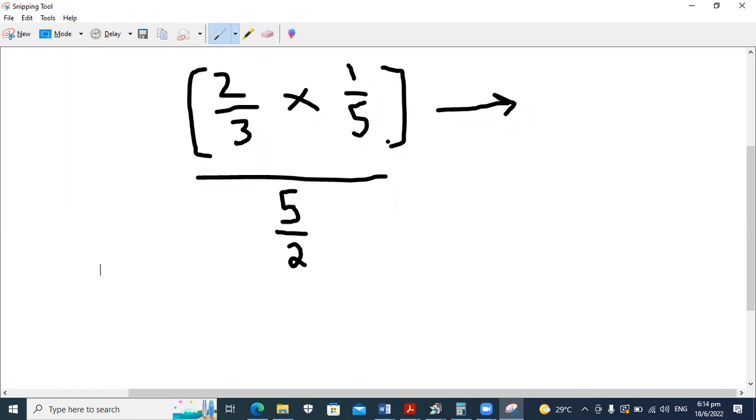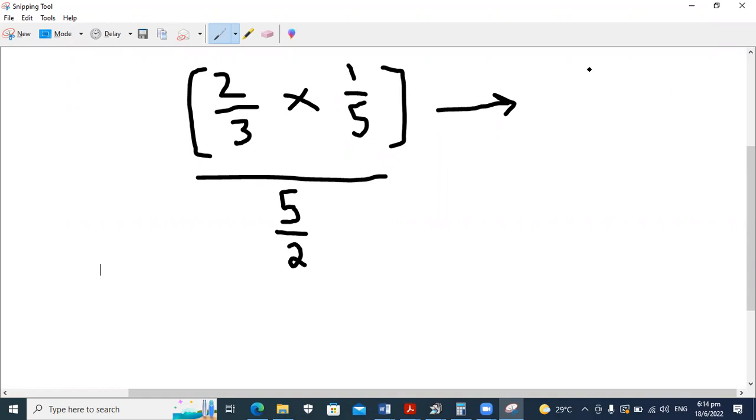So when we're multiplying, what do we do? We cancel and then multiply across. Only when we're adding and subtracting do we find the LCM. But can anything be canceled? No, sir. Then we just multiply across.